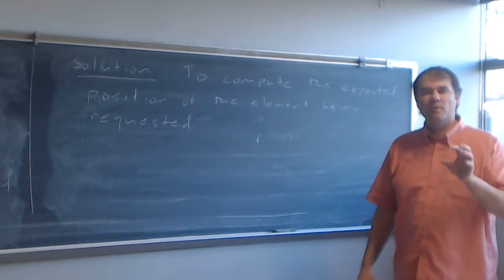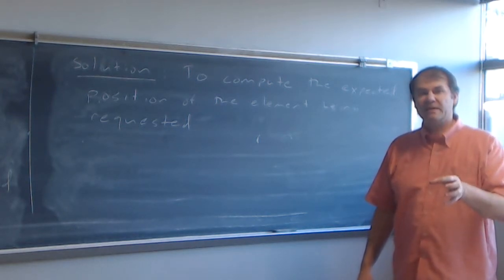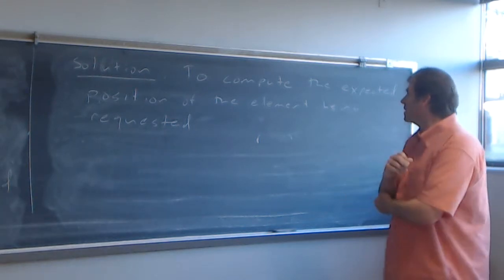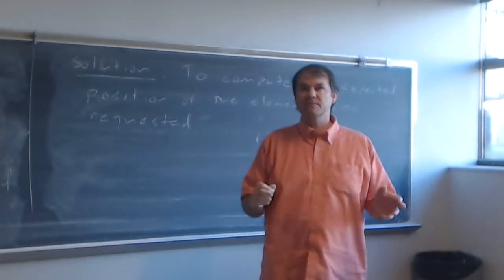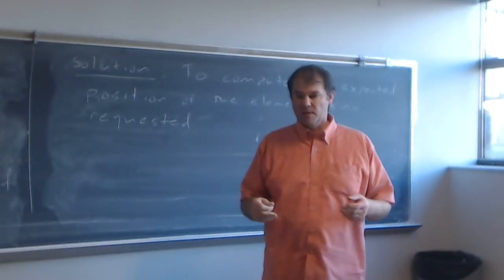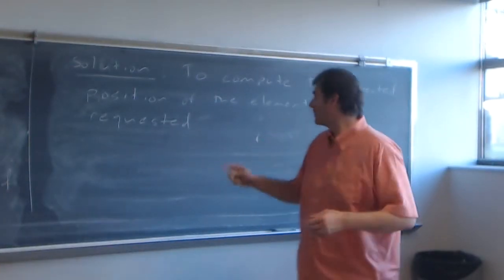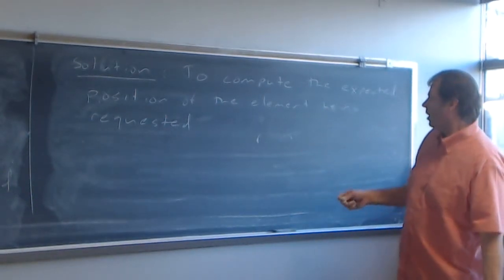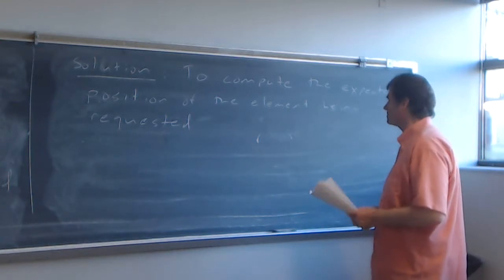It seems like we might do something conditionally, where we have no idea about what element is being requested. So it kind of makes sense that maybe the position of the element being requested might depend, at least in some part, on what's being requested.